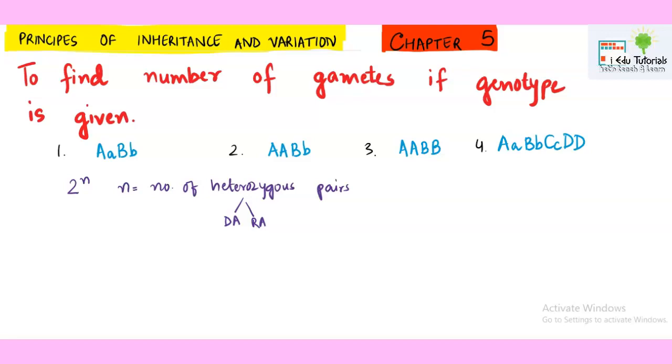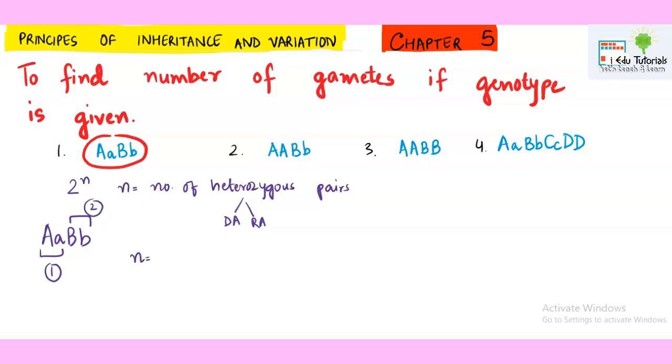Now let's take the first example, capital A, small a, capital B, small b. I am rewriting it here. Now see, this is heterozygous because capital A is the dominant allele and small a is the recessive. And so with capital B, small b, capital B is the dominant allele and small b is the recessive allele. So this is our first heterozygous pair. This is our second heterozygous pair.